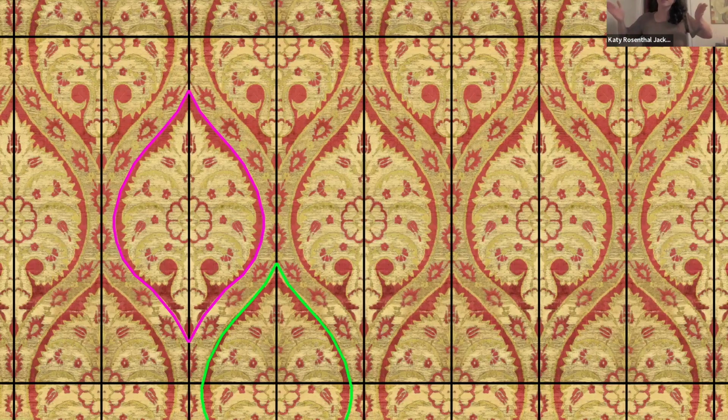The width is limited by the width of the loom, but in terms of the length, the weavers can just keep going and going, even with a very complex design. And this is quite different from other modes of patterning textiles like embroidery, where there is no automation of the repeat to eliminate some of that hand labor.